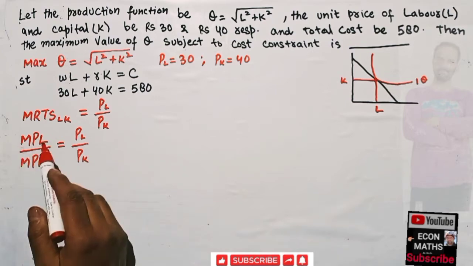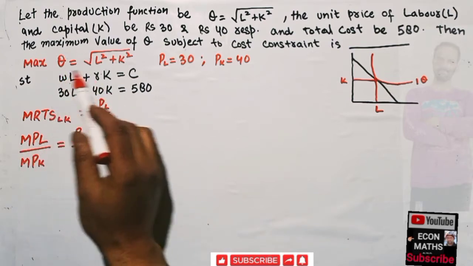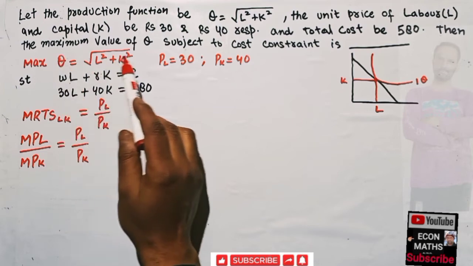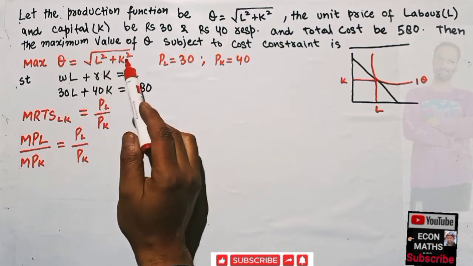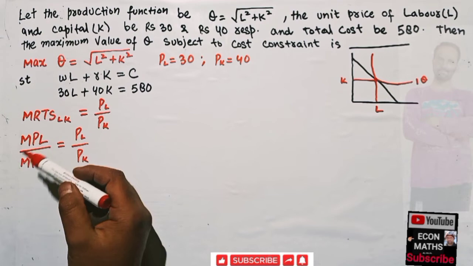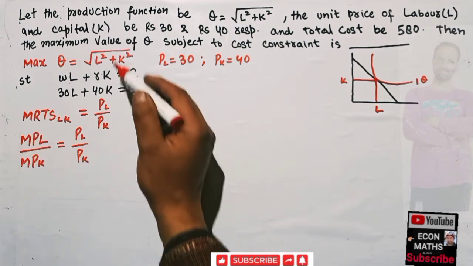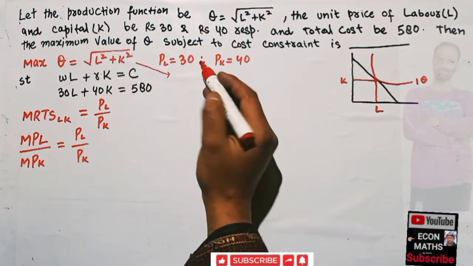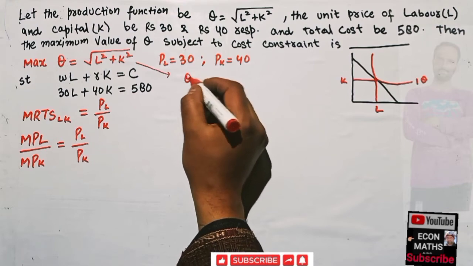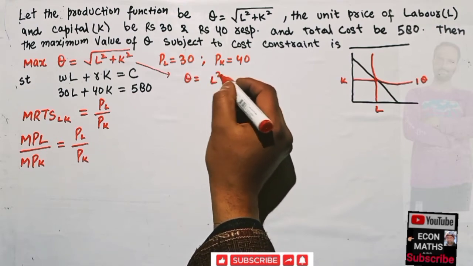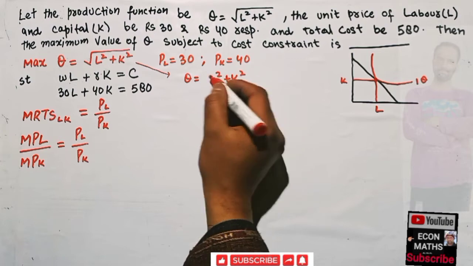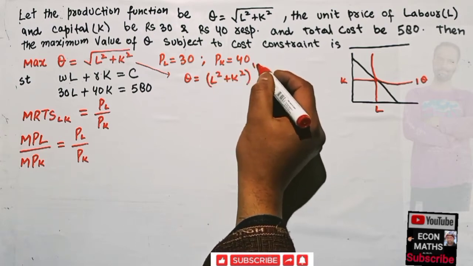Now what is MPL, the marginal product of labor? We need to differentiate this production function partially with respect to L. If I rewrite this, Q = (L² + K²)^(1/2).